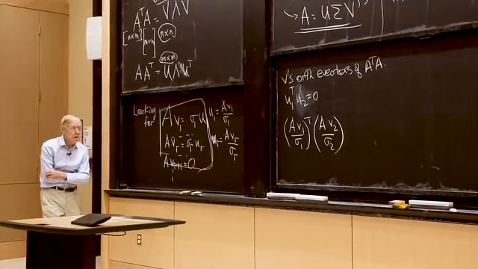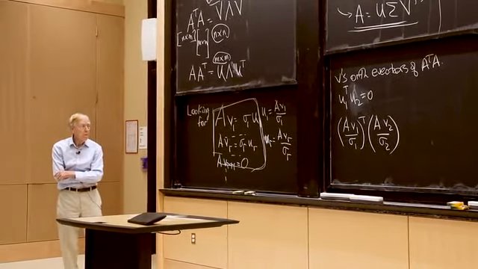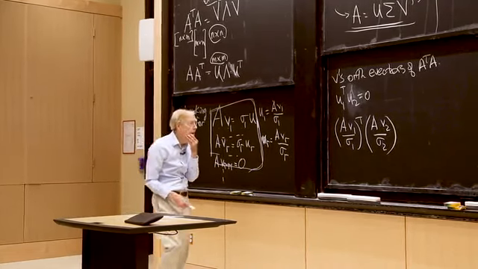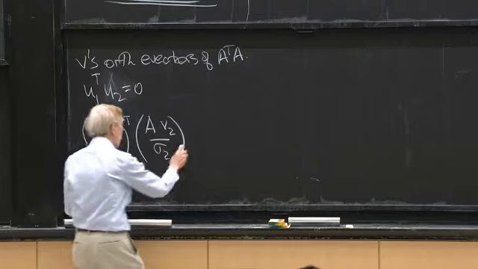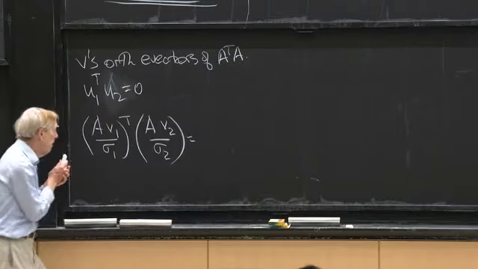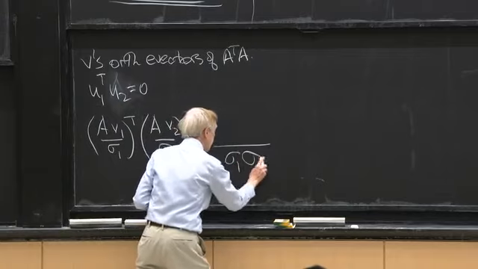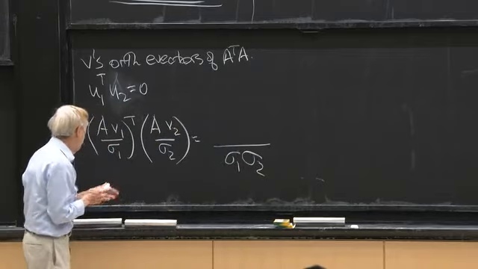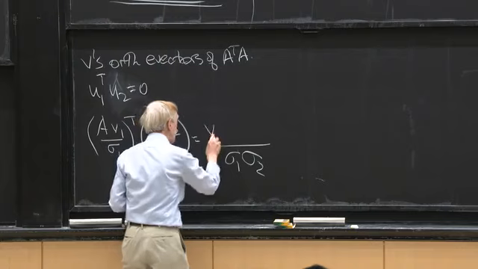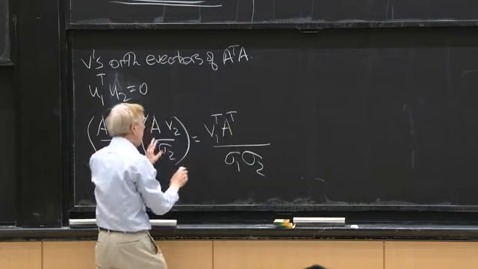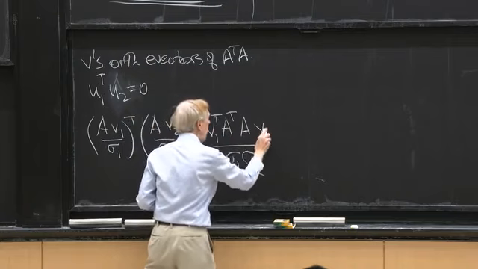Are you ready to do it? We want to compute that and get 0. So what do I get? We just have to do it. So I can see that the denominator is that. So is it V1 transpose A transpose, right, times A V2?